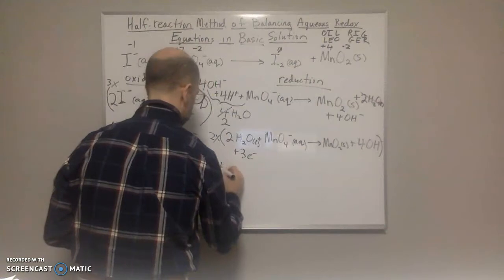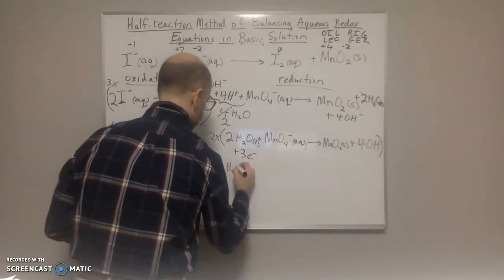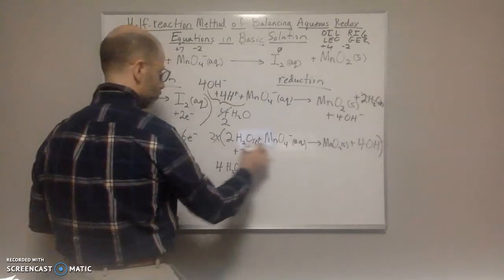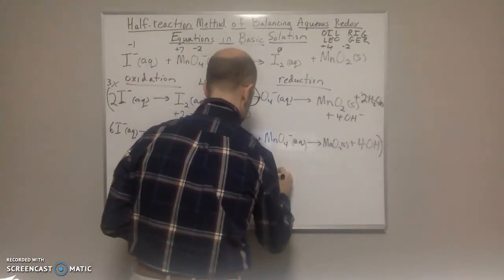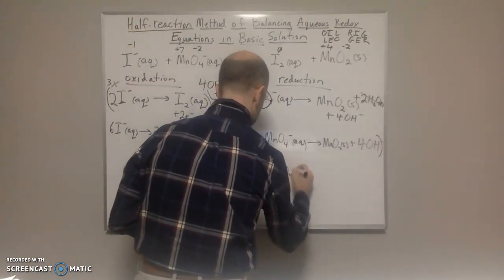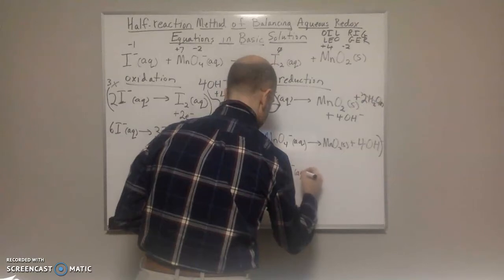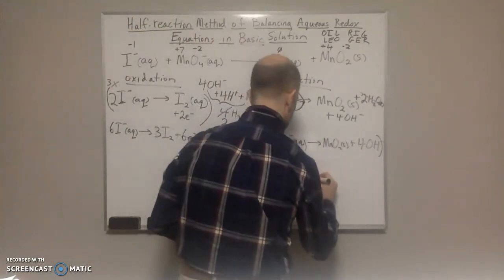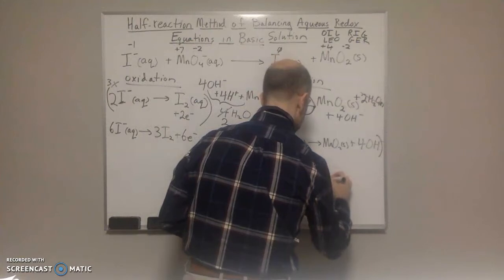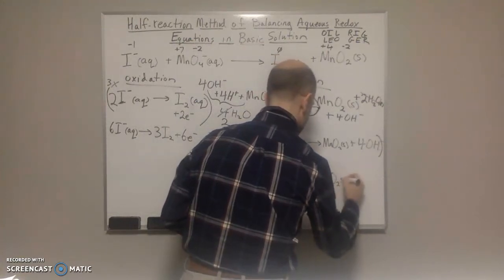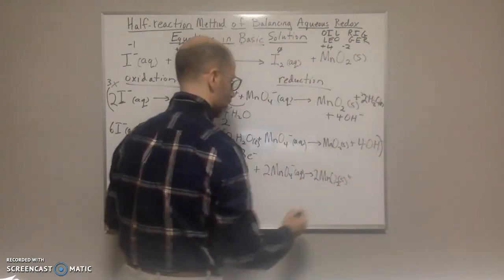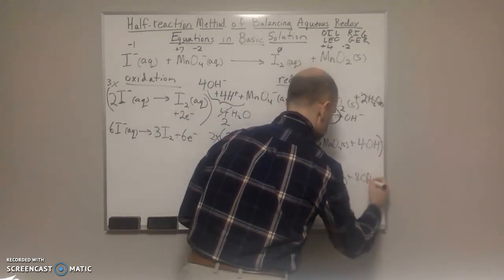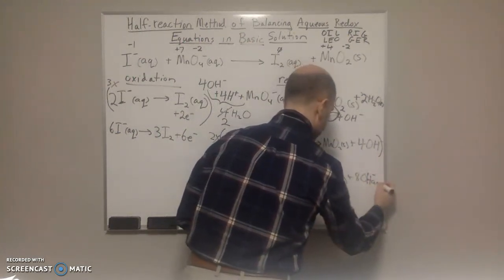And then over here I'm going to multiply everything by 2, so then it's going to be 4 H2O liquid, 2 times, plus 2 MnO4 minus aqueous goes to 2 MnO2 solid, and then 2 times 4 is 8 hydroxide aqueous.